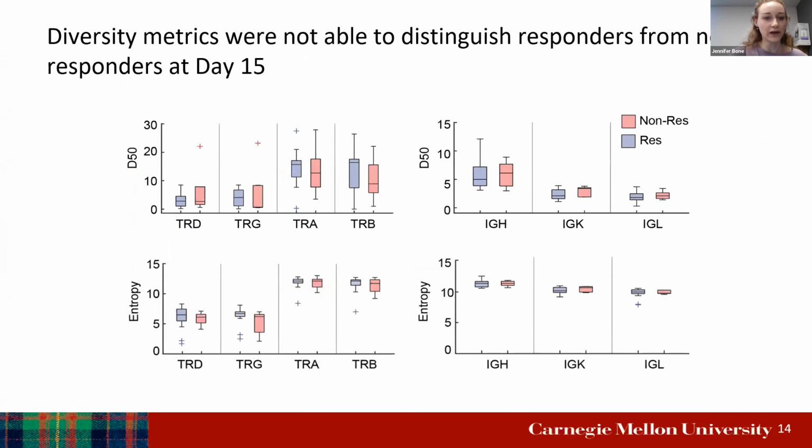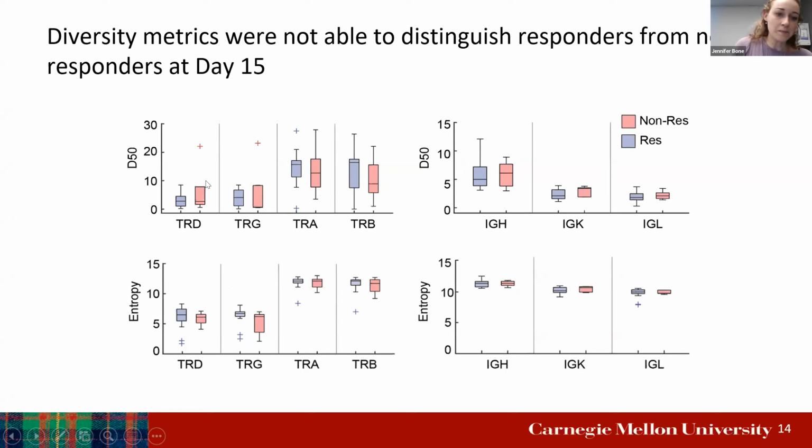But what we found is that the diversity metrics were not really able to help us classify these patients at day 15. Here we have our D50 and our entropy, on the left for our T cell receptors, and on the right for our B cell receptors.